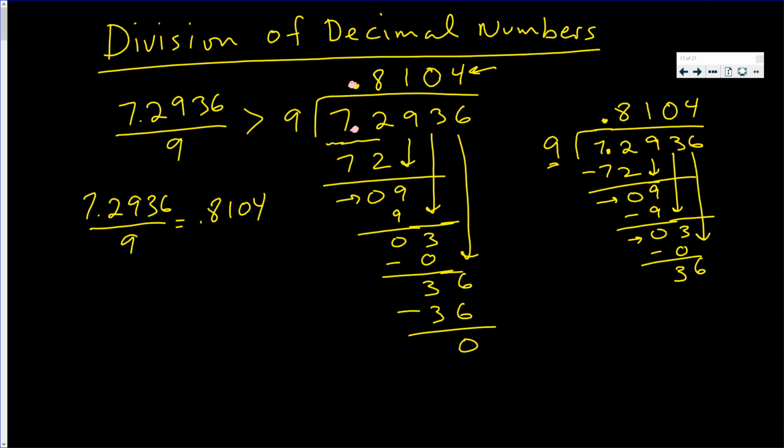Just for the record, if the decimal happened to be here, I'd put it up there. But it wasn't. The decimal was right here, so I put the decimal right there.